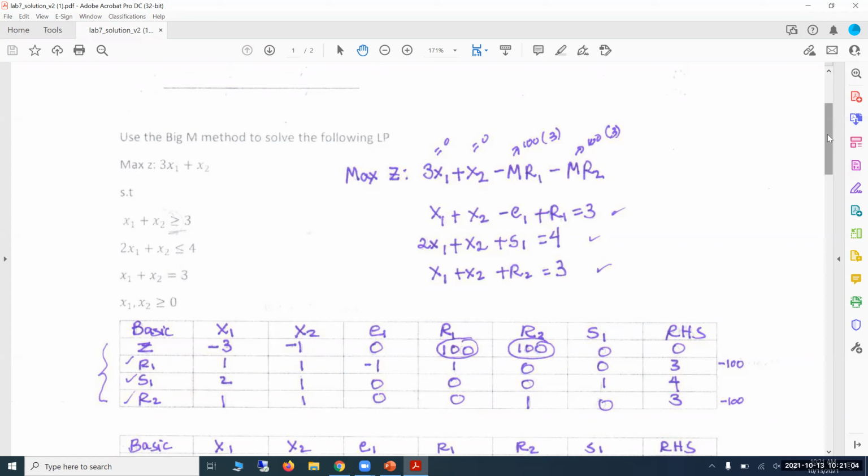But when you put that 3 in the objective function, you see that that is not true. You have a 0 here, you have a 0 here, you have 3 times 100, 3 times 100. So that objective function value should be negative 600. And that's why we need to make sure that we make this equal to 0 and this equal to 0 in the next iteration.